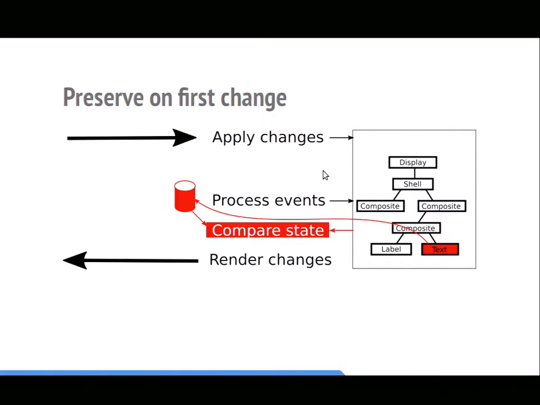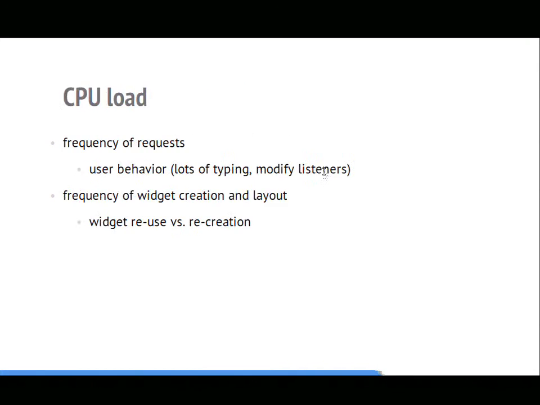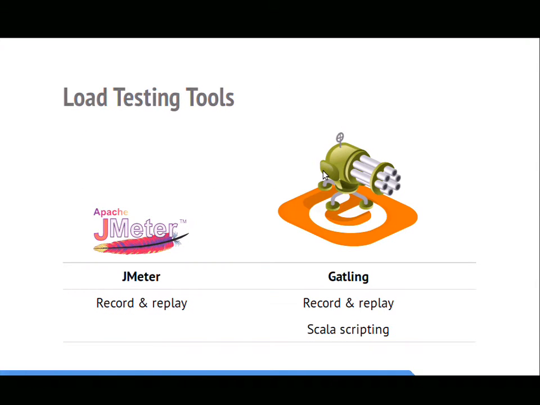We call this preserve on first change or preserve on demand, and this is part of REP 3.1. Now, since time is running out, I won't talk more about performance now.